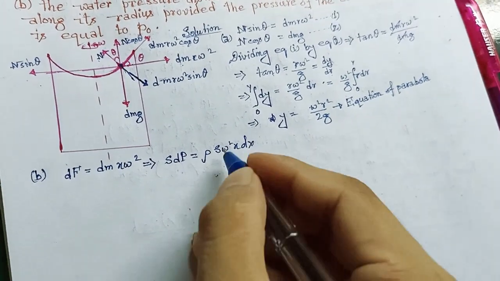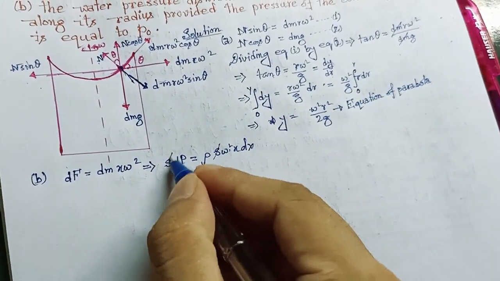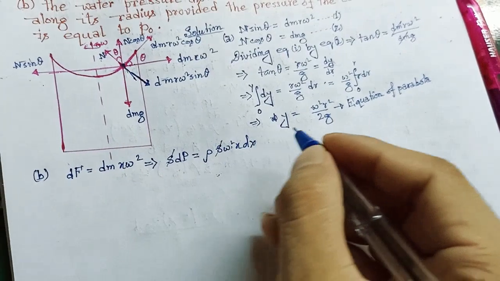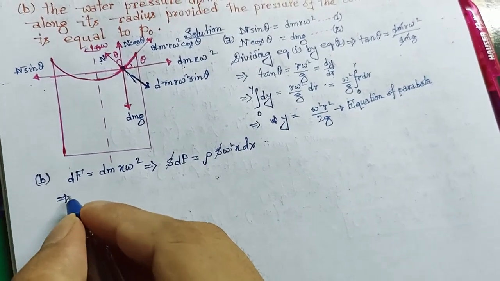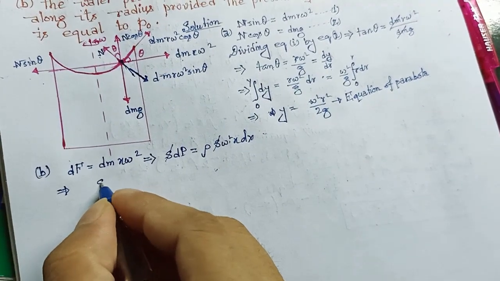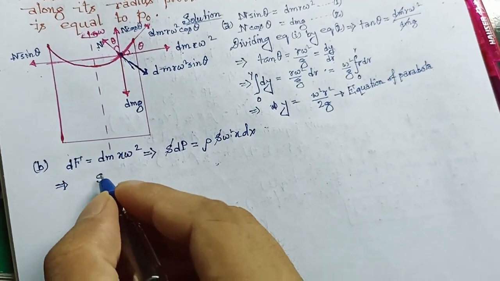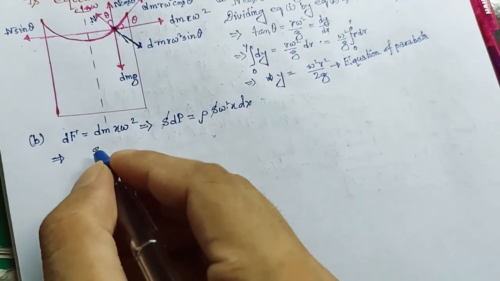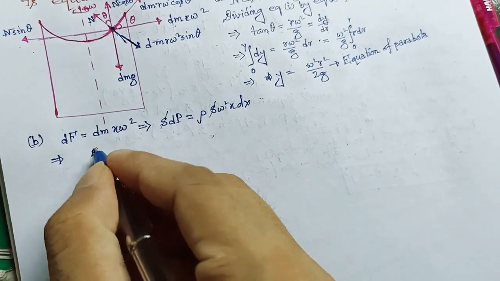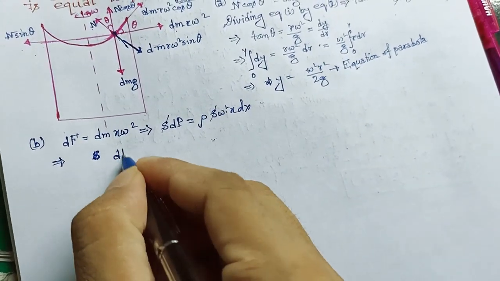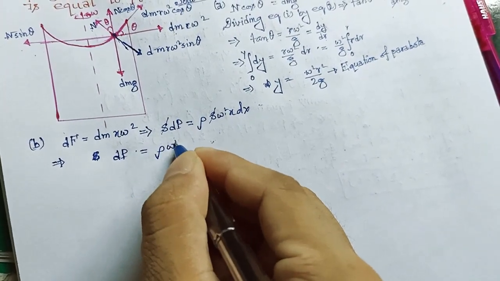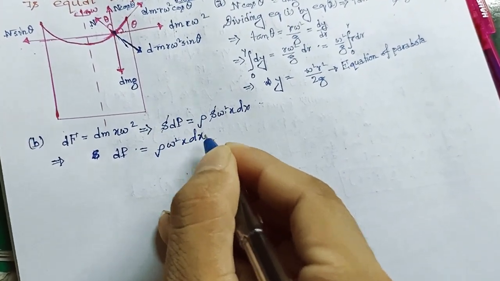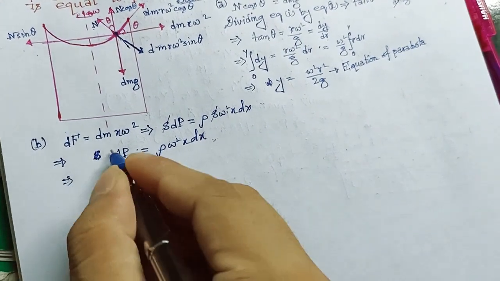From this equation we can cancel S from both sides. After cancellation, dp will be equal to rho omega square x dx.